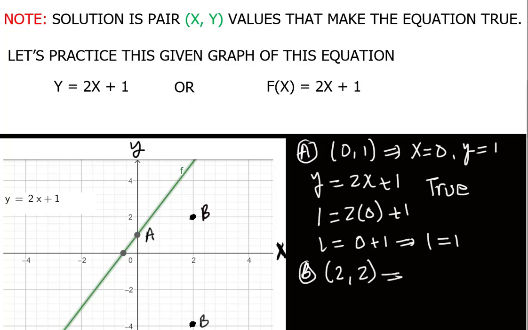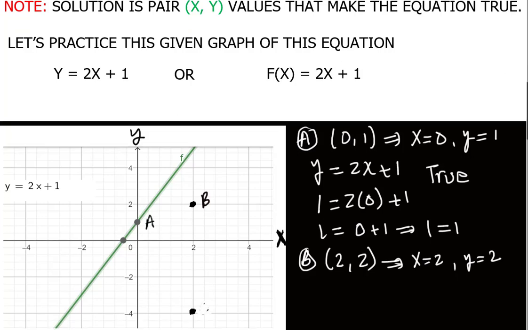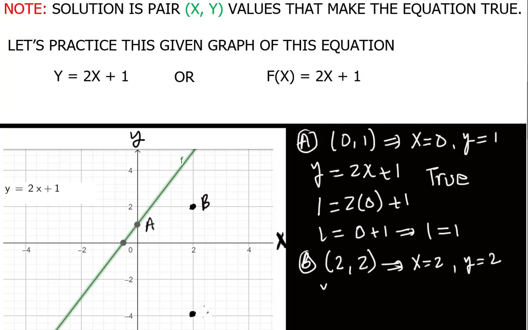Those two values relate to the x value being 2 and the y value also 2. We can label it as C, and you can test this. Now let's write the given equation, which is y equals 2x plus 1.